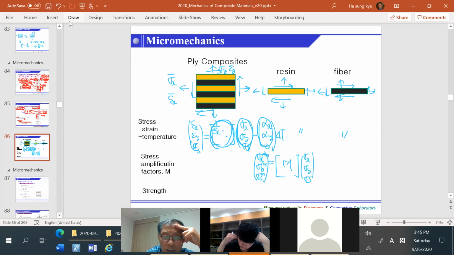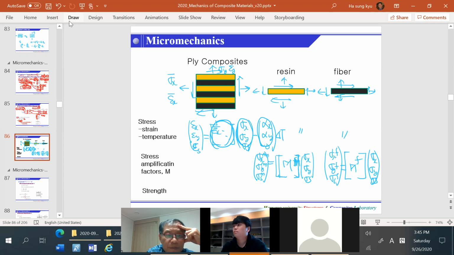So these are the relations. And the same for the fiber: sigma x fiber, sigma y fiber, sigma s fiber, with the M matrix for the fiber. And the same for sigma x, y, and s. This is the own axis.